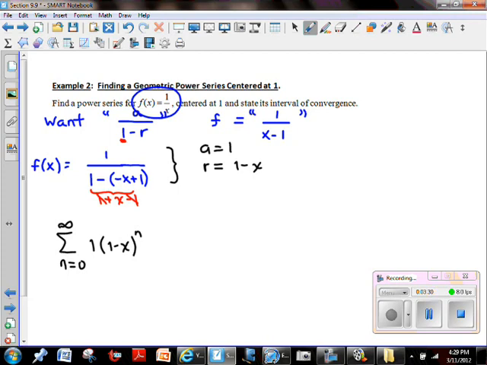It's quite possible that this could be represented a little bit differently, and I want to warn you about that particular situation. In the case of, say, a multiple choice type of problem on the AP exam, notice that if we were to factor out a negative sign from that binomial, that negative sign would also have to be accompanied by a power of n.